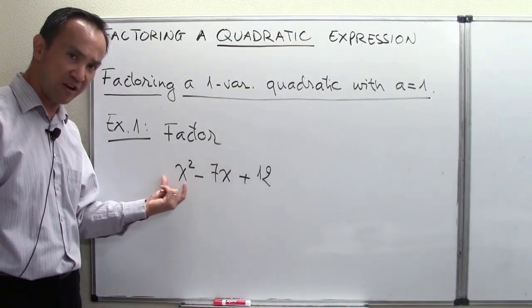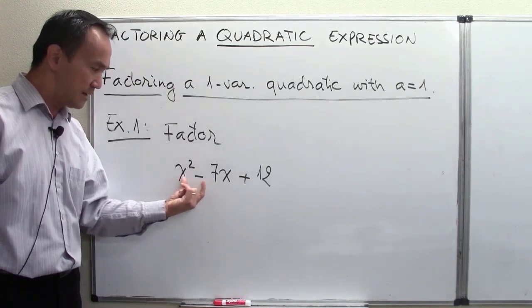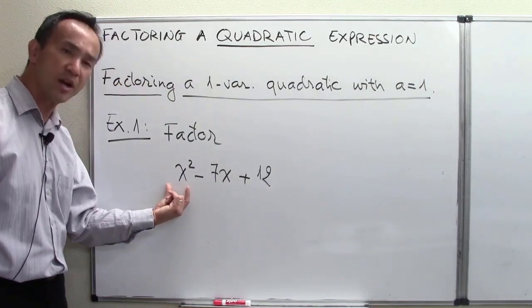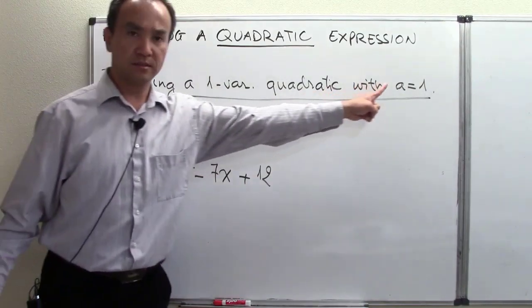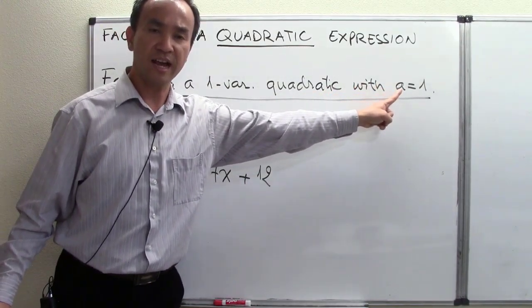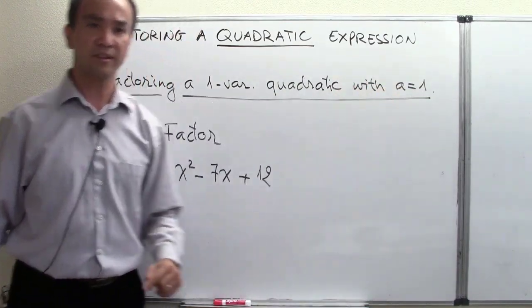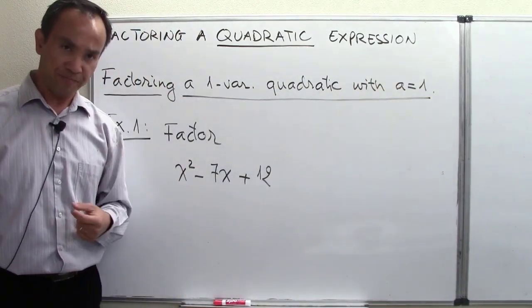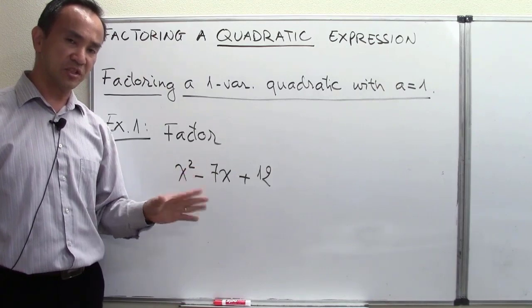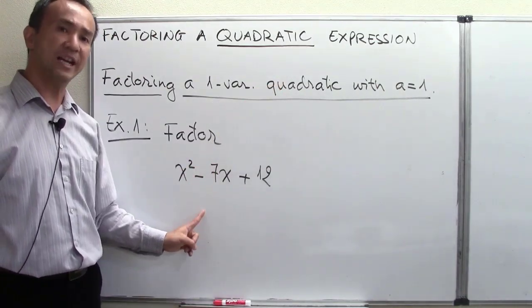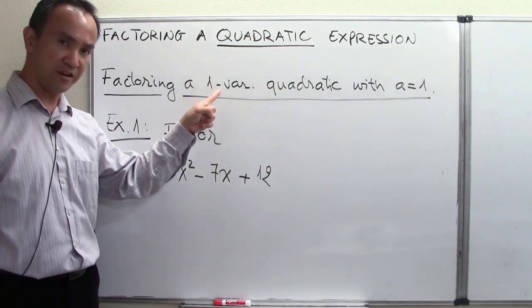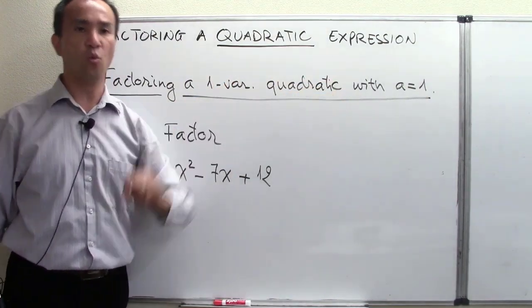The way I'm reading it, x squared minus 7x plus 12, x squared means 1 times x squared, and that's why it's under the category where the coefficient a equals 1, the leading coefficient being 1. We will learn how to factor a quadratic expression of this kind: one variable quadratic with leading coefficient 1.